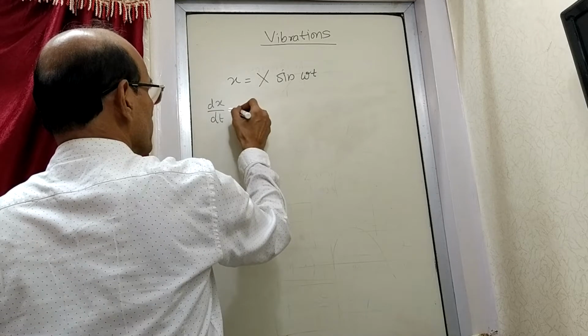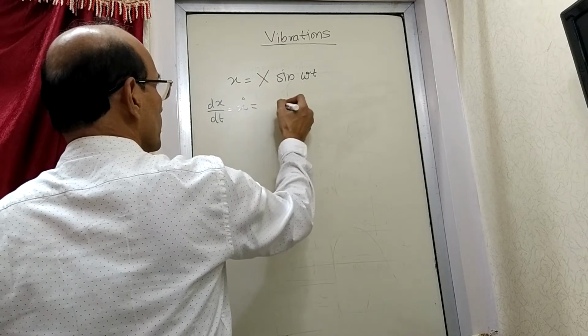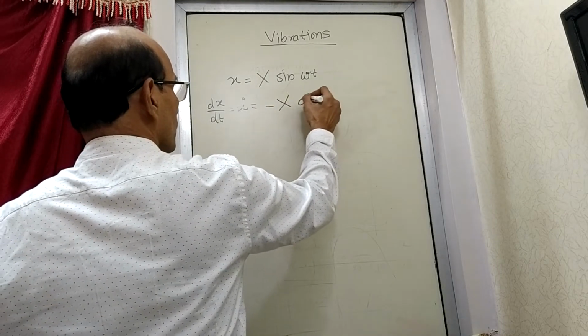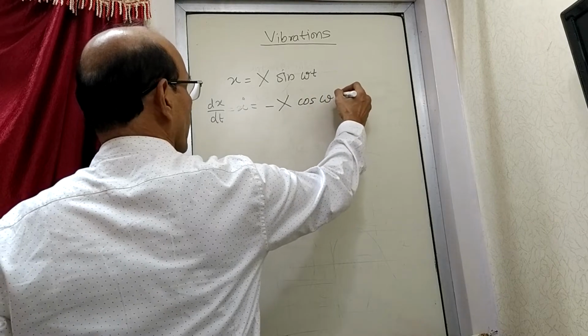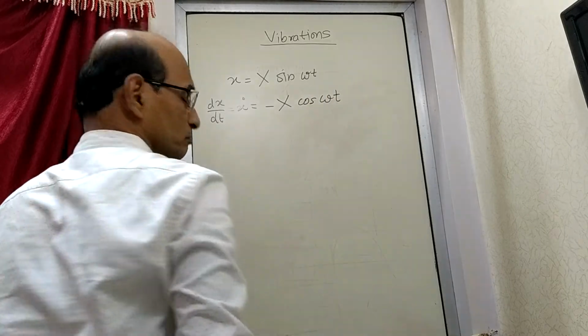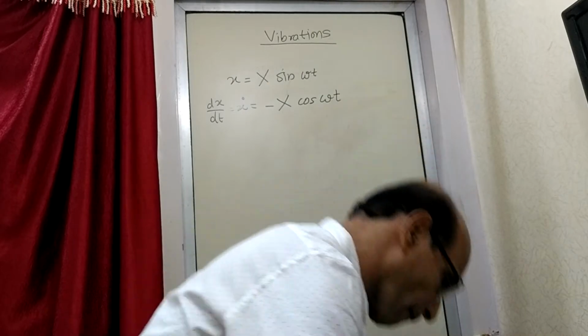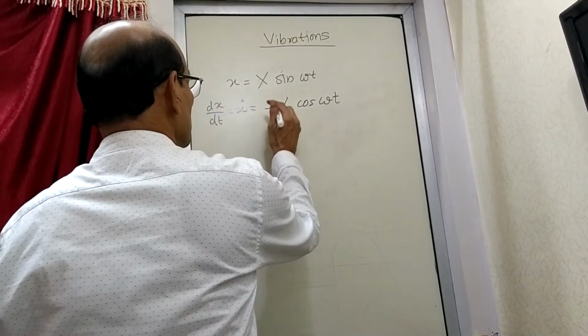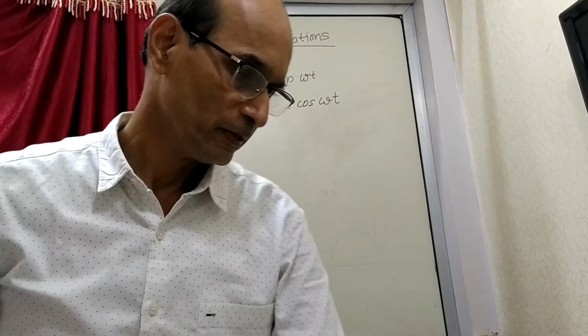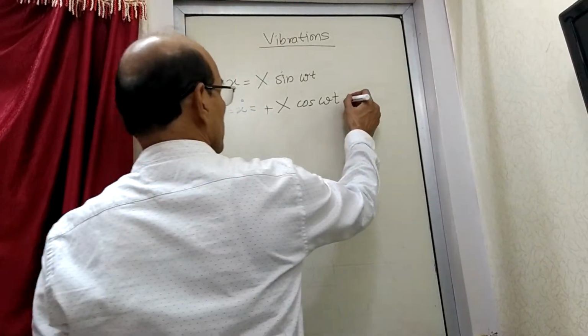So dx by dt, which is also called as x dot, is equal to X cos omega t, this is just plus only, into omega.